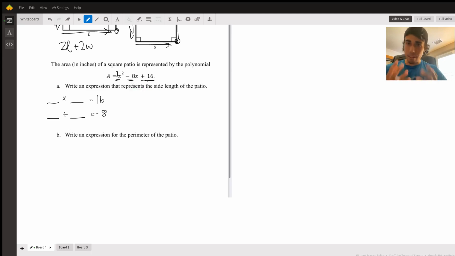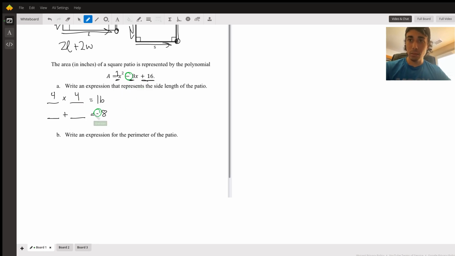So think about everything that multiplies to 16 and figure out which of those add up to 8. Options for multiplying to 16: you've got 1 and 16, 2 and 8, and 4 and 4. Well, 4 and 4 are the only ones that add up to 8, but notice this is a negative 8. We've got to get negative 8.